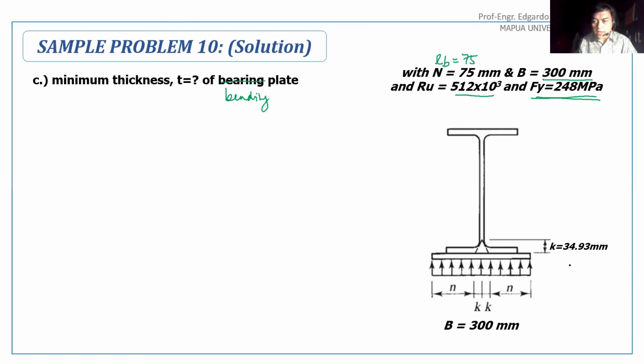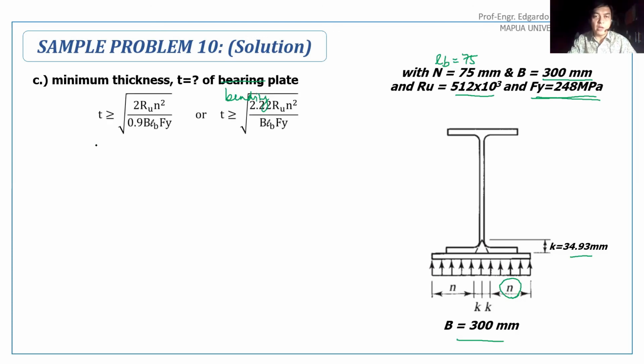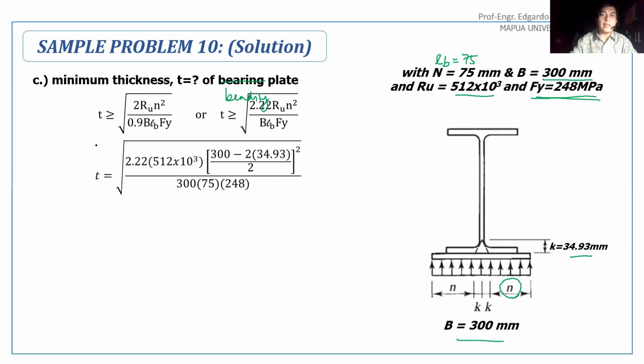Okay, so yung K property ng section was given. Tapos ito yung length N na mag-undergo ng bending. And again, yung width natin is 300. So we will have to solve for the thickness, again using the formula that we have modified. So the thickness should be greater than or equal to 2.22 RU. Ito yung RU. Tapos yung N, 'di ba from this figure, N is just equal to B minus 2K over 2.